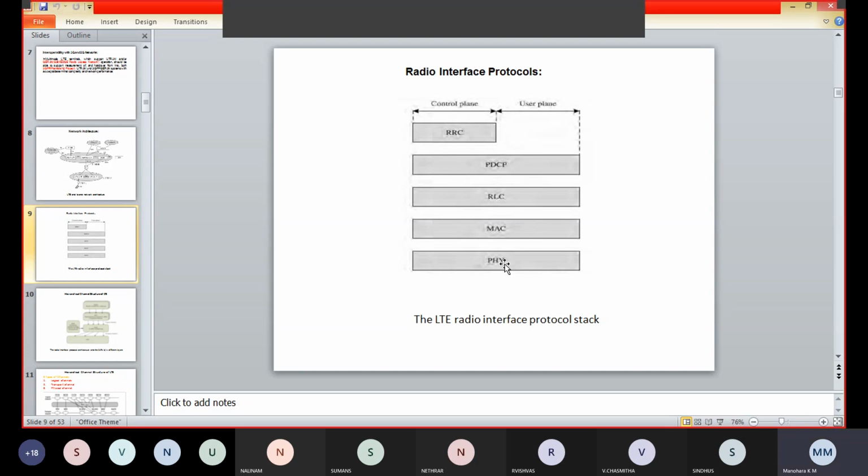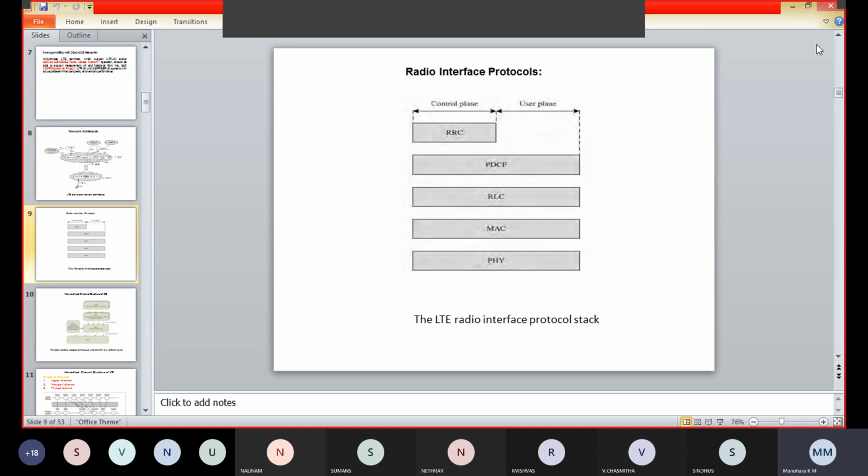There is only one PDCP entity at the eNode B and at the user equipment per bearer.